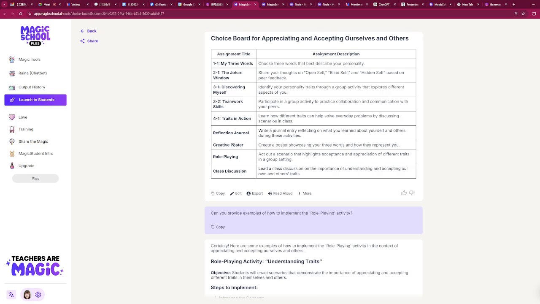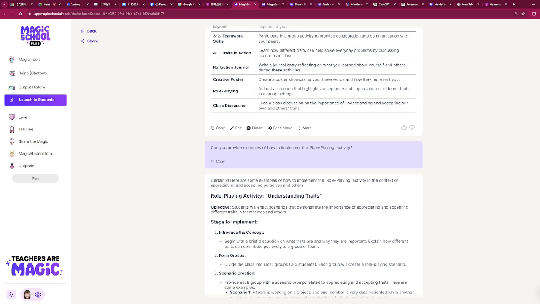What I like to focus on is the role-playing part. For 综合课, role-playing helps students get to know more about personality types and problem solving, and there are a lot of topics we could use for role playing in 综合.